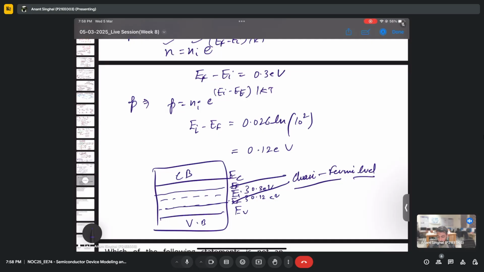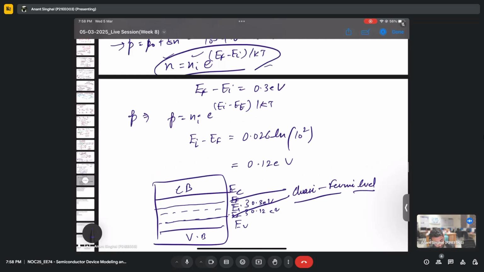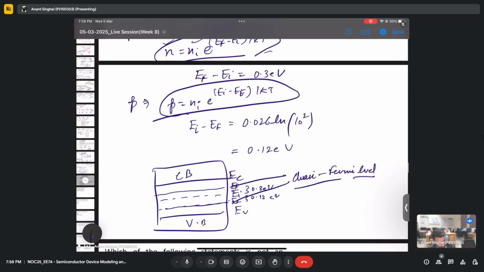So from the above example, what we can say is that for these equations we need to consider different Fermi levels, and these different Fermi levels are known as quasi Fermi levels.